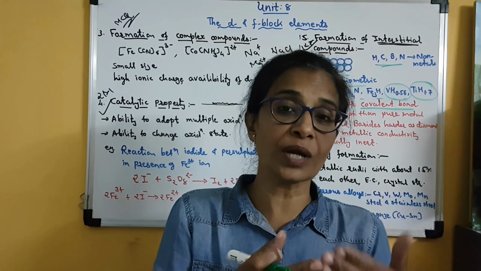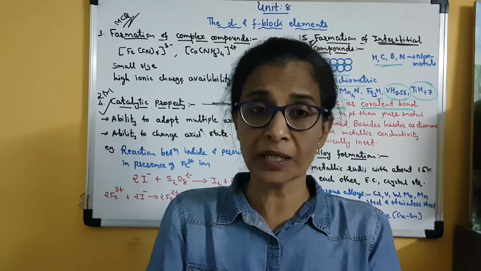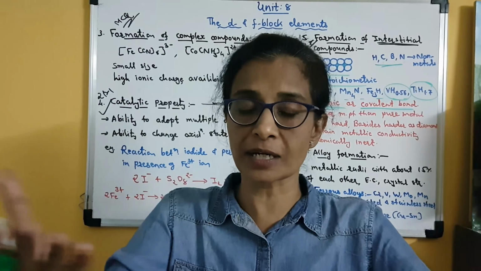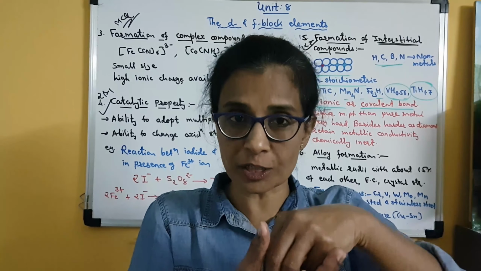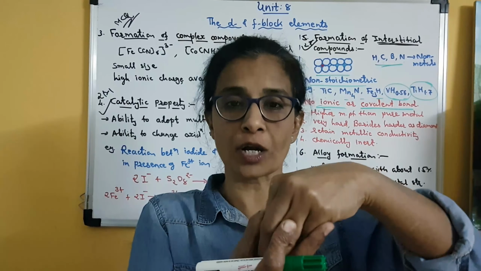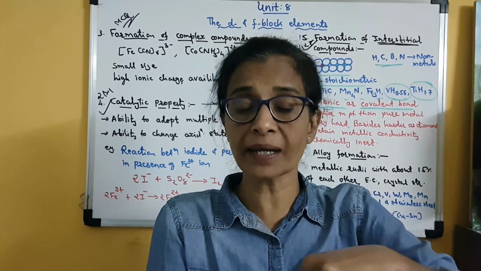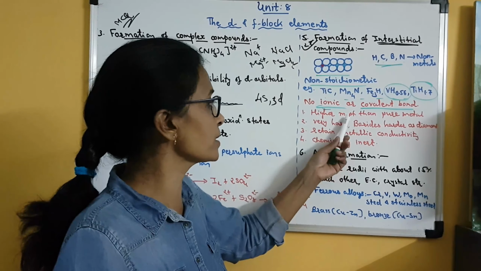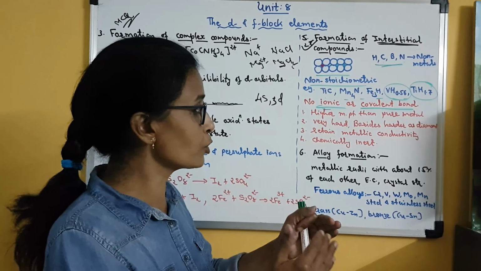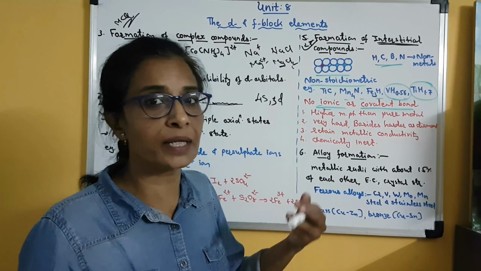So in metallic bond we have studied that the valence electron is delocalized. Clear? It is free to move in the entire crystal, but when the non-metallic element enters into the interstitial space, then these electrons get stabilized. Clear? And when they get stabilized, there is increase in the hardness, and increase in the melting point. So compared to pure metal, these interstitial compounds have higher melting point.